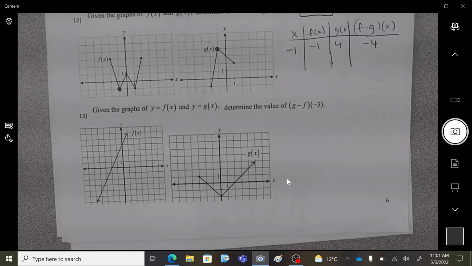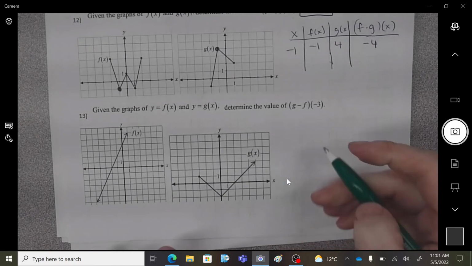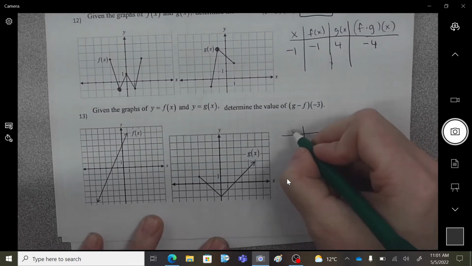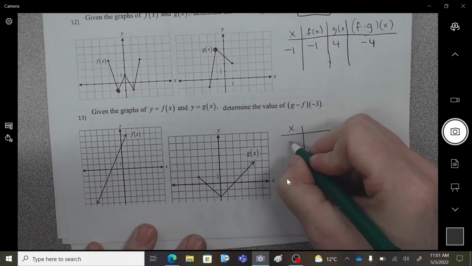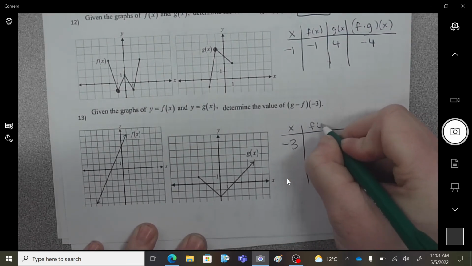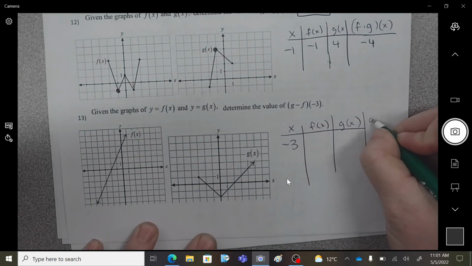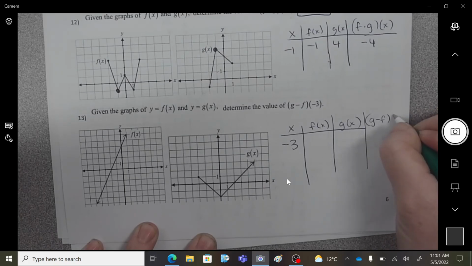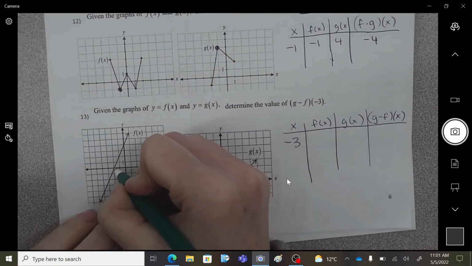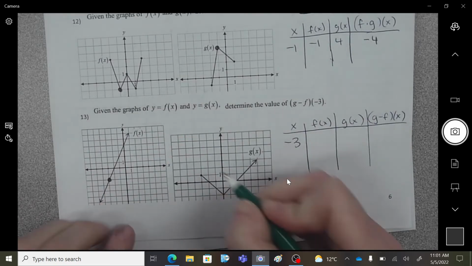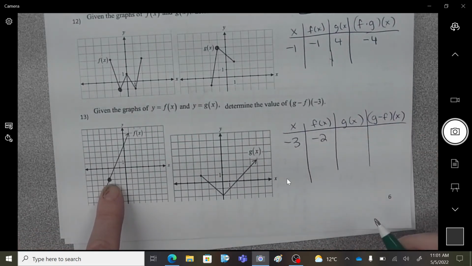In number 13, we are given these. Determine the value of g function minus f function at -3. Okay, so just at -3, okay, so at -3, 1, 2, 3, the f function is at a -2.